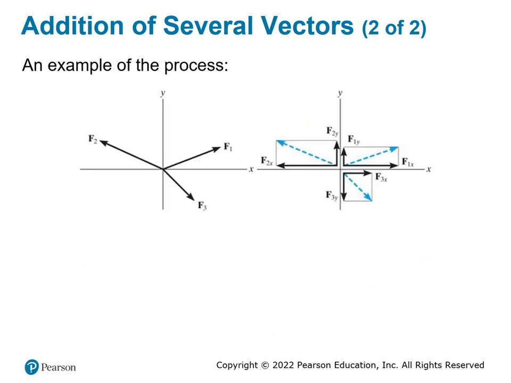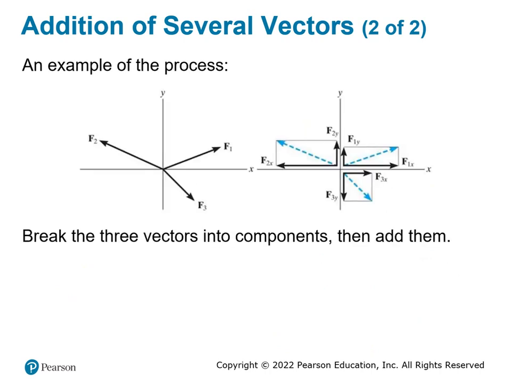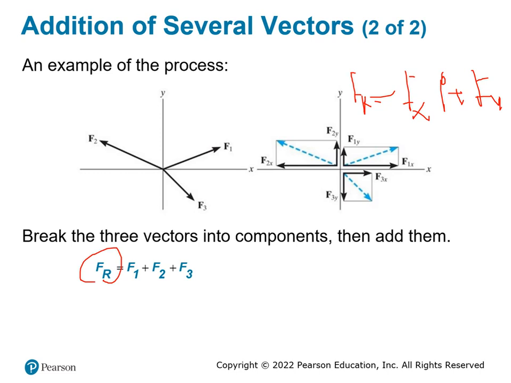So let's see that example again. We're going to express it in Cartesian vector. In applying Cartesian vector, we have to get the resultant of the forces in terms of all the x components times i plus the y components times j. So the resultant force, or the addition of all three forces, is going to be F1 plus F2 plus F3.